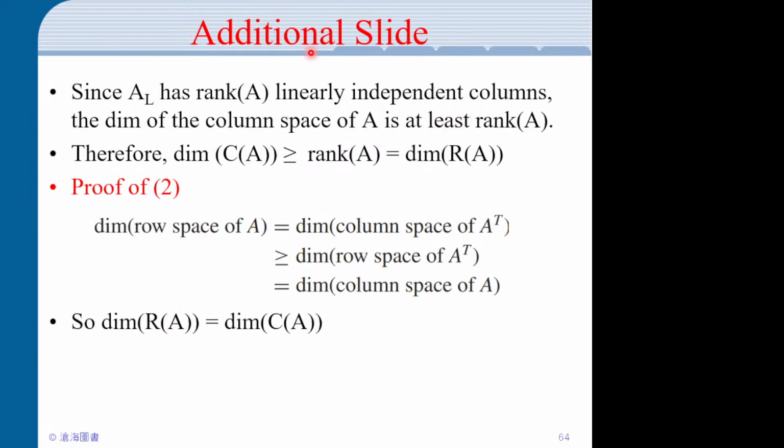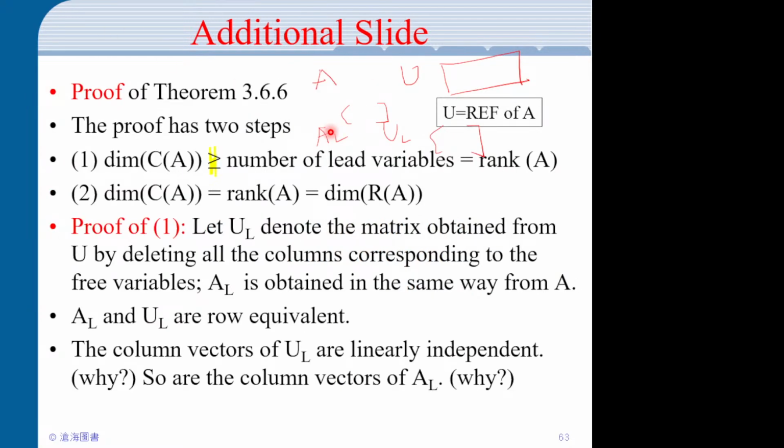So this is a lot of calculation. So the non-zero rows of U. So we have a really long chain of equations. So here we have the rank of A.